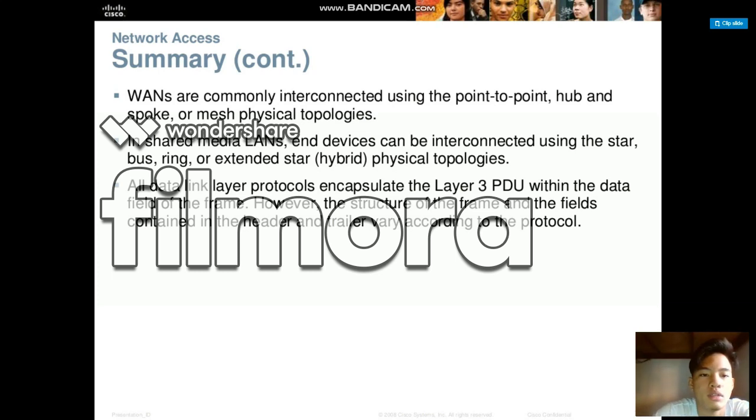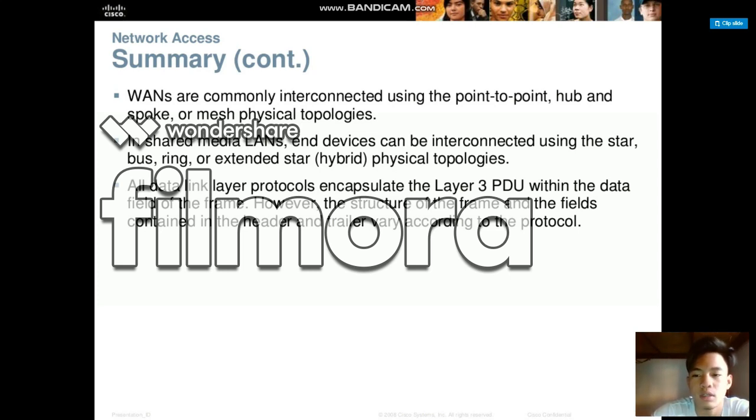The WAN, or wide area network, as its name says, is called a wide area network.